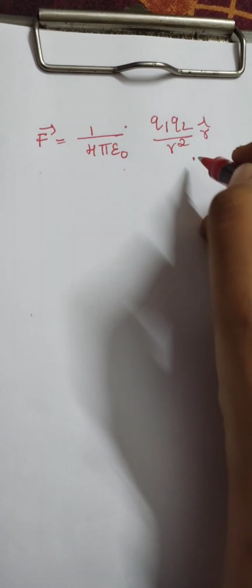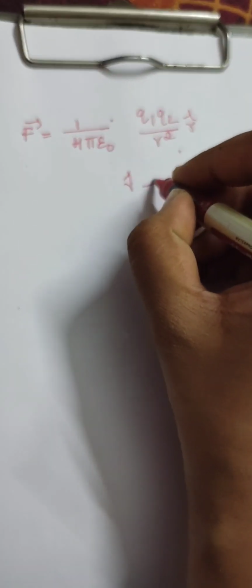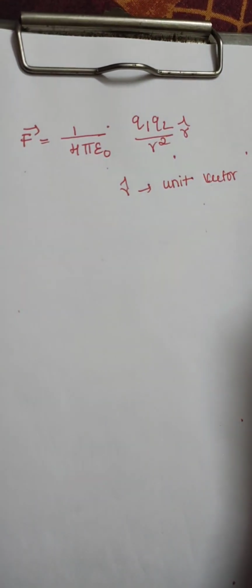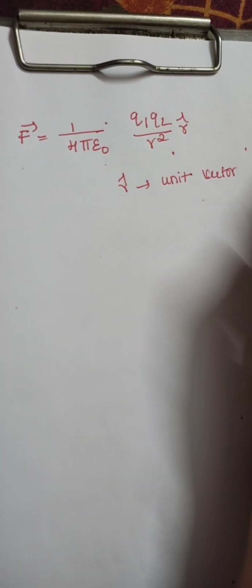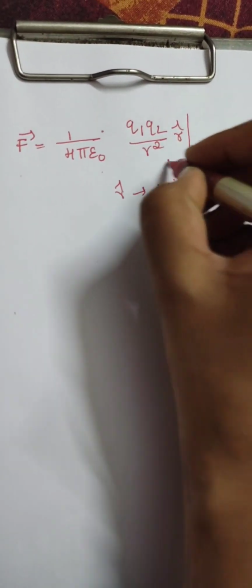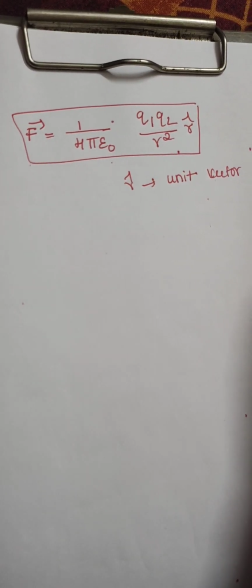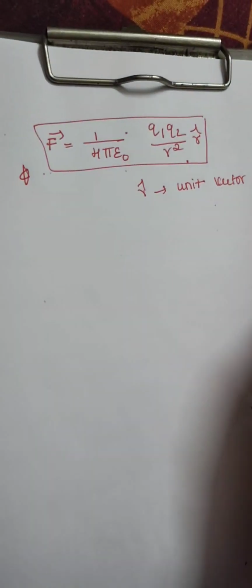R cap is the unit vector in the direction of force. Epsilon naught is the permittivity of free space. So r cap is the unit vector along the direction of force, and this is Coulomb's law in vector form, which is also an important one.